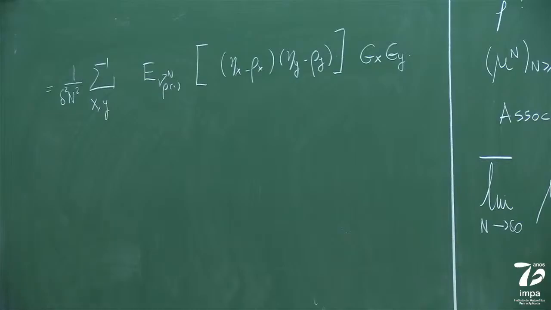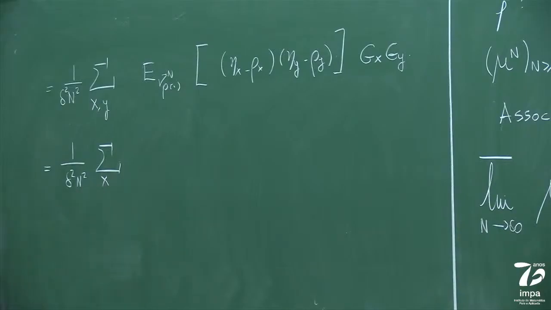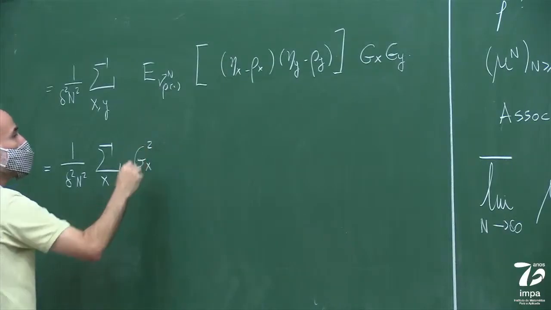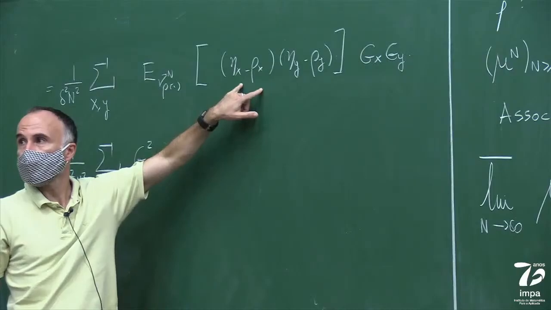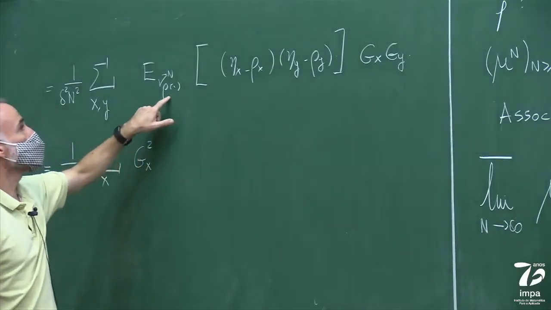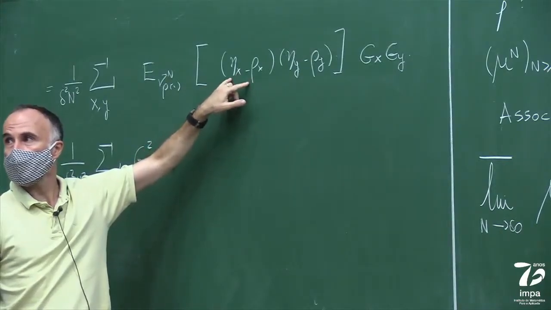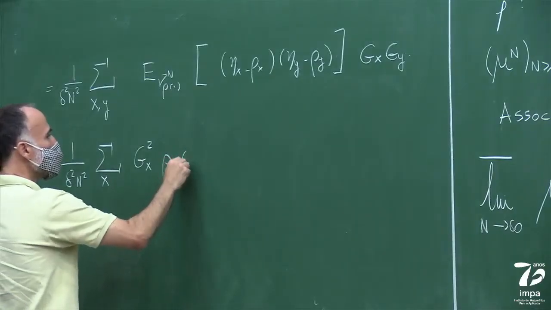Now, this is equal to 1 over δ square n square. Let me take the diagonal, so x equal to y. So x equal to y will give me g_x square, the expectation of (η_x − ρ_x) square. But η_x under this measure is a Bernoulli with density ρ_x. So this is the variance of a Bernoulli. So this is ρ_x(1 − ρ_x).